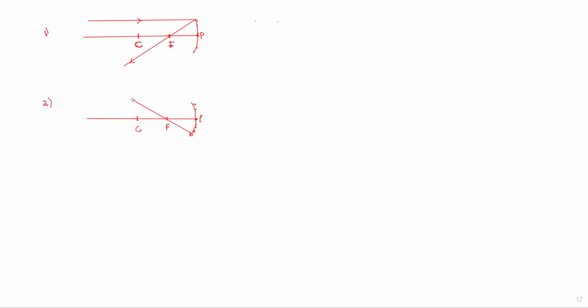So once the ray passes through F, after reflection, the reflected ray must be parallel to the principal axis, like this. Now this is the second rule.